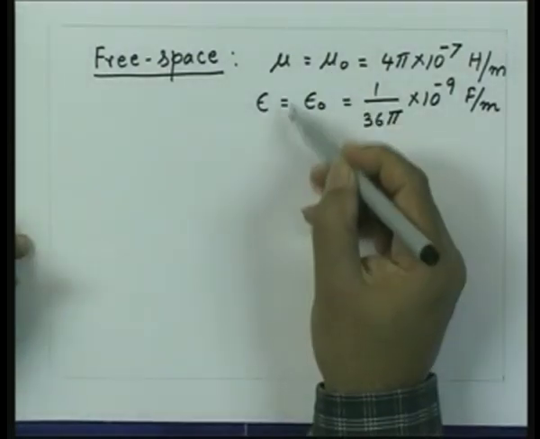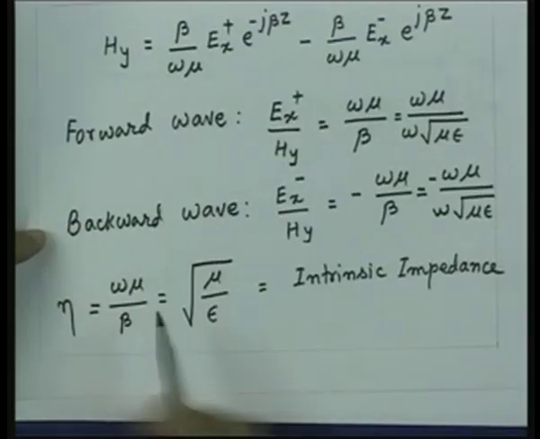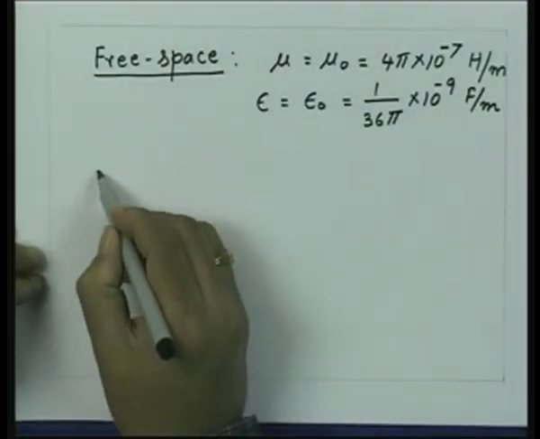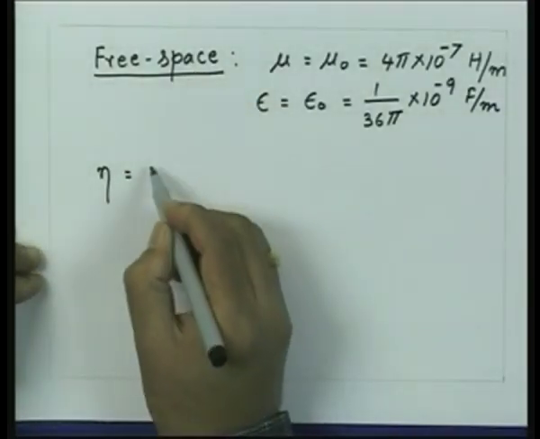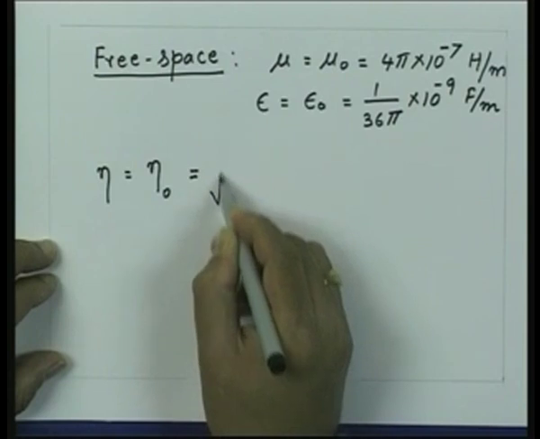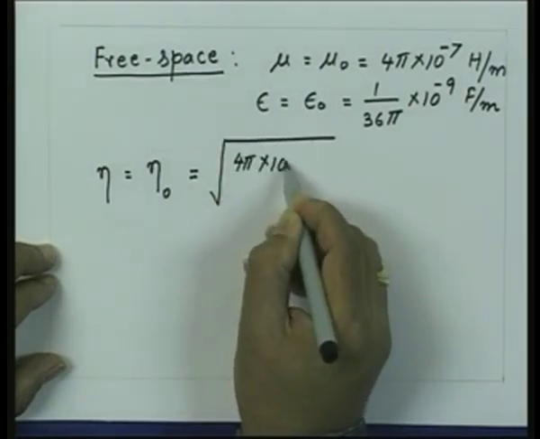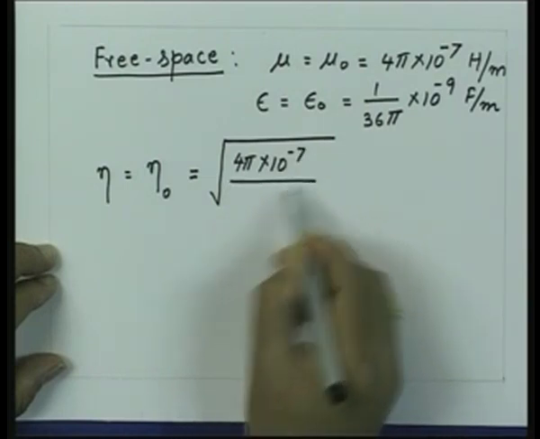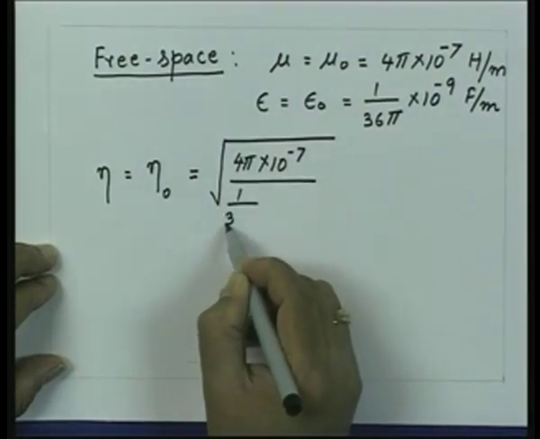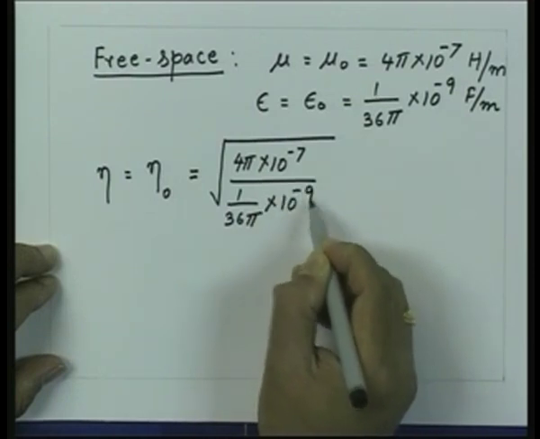If I substitute this value for mu and epsilon in the expression for the intrinsic impedance, then I get eta, and for free space I can denote this quantity as eta naught, that is equal to square root of 4 pi into 10 to the power minus 7 divided by 1 upon 36 pi into 10 to the power minus 9.